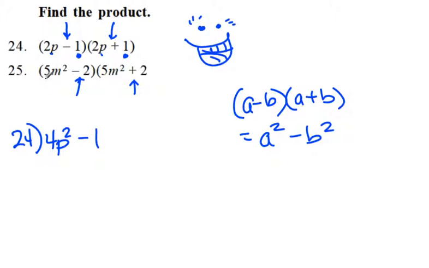So the first terms are the same, and then the 2's are the same. Now we have 5m squared, which is 25m to the fourth. 5 times 5 is 25. M squared, m squared, m to the fourth. Negative 2 times positive 2 is negative 4.